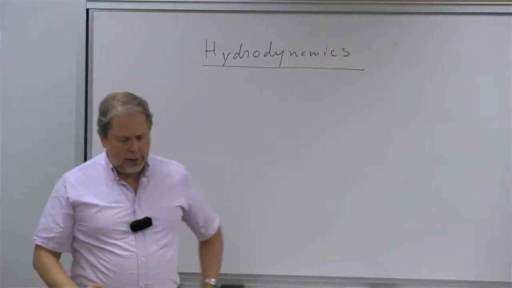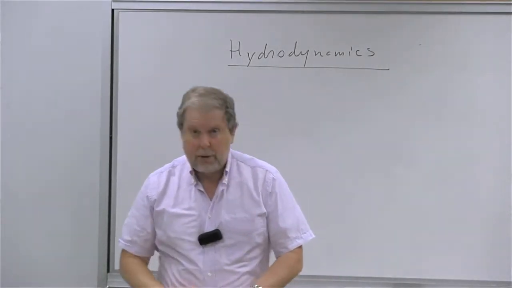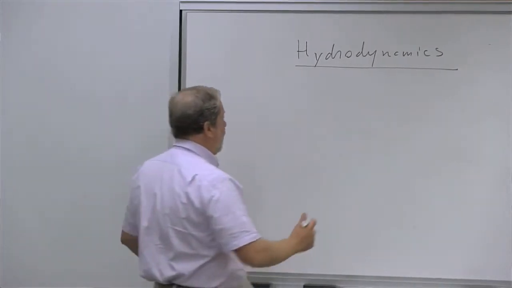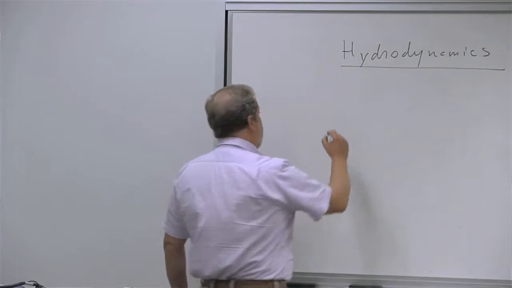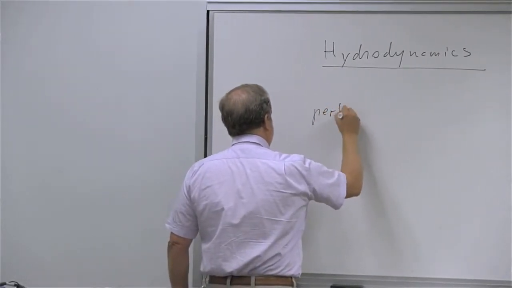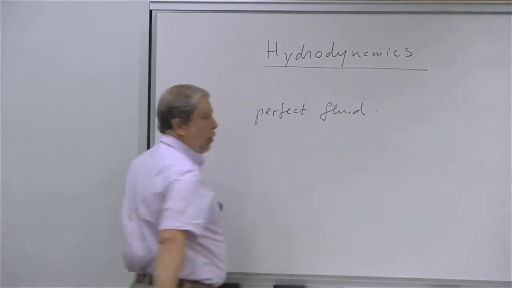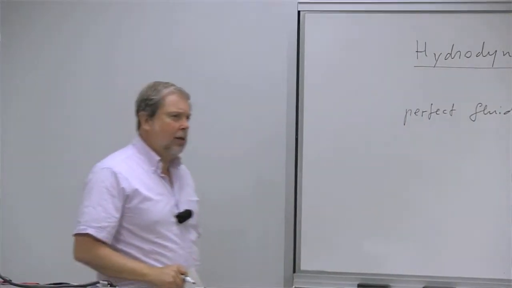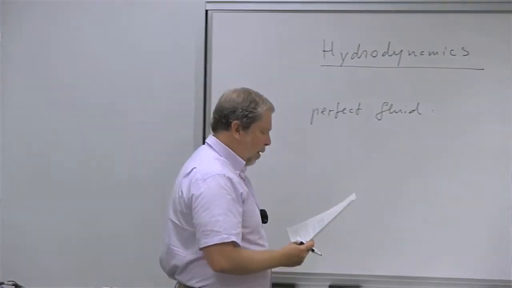Hydrodynamics. So again, in this case, we are going to look at the perfect fluid that we discussed at the beginning of this class. I think it was the third lecture in special relativity. So we had this perfect fluid, right, on which something like 90% of modern cosmology is based, this perfect fluid description of the Friedmann equations.